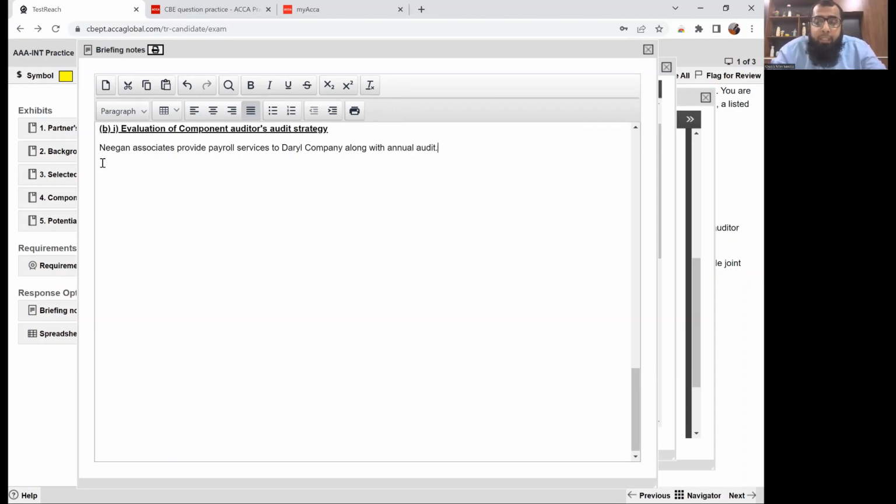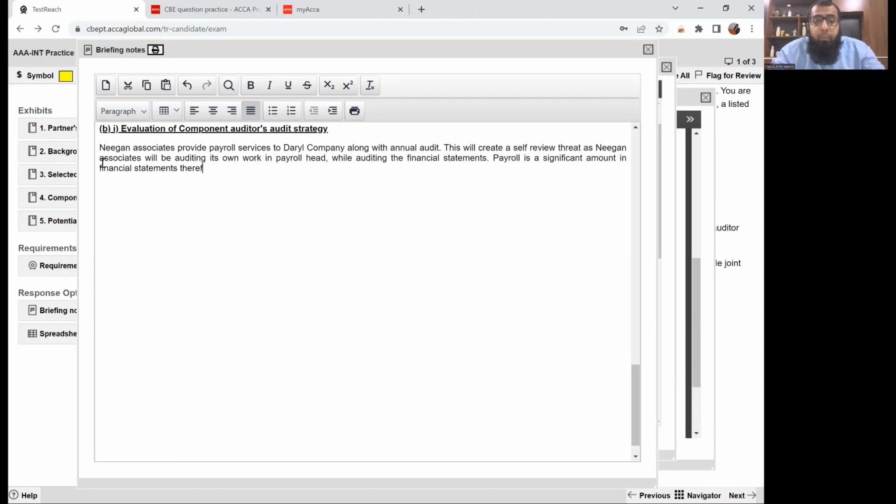Okay, this will create a self-review threat, as Negan Associates will be auditing its own work in payroll head while auditing the financial statements. Okay, it is a self-review threat and it is a significant threat. Okay, payroll is a significant amount in financial statements.